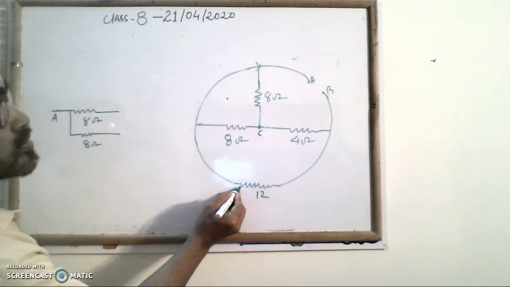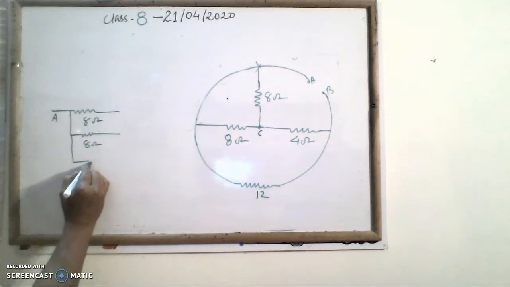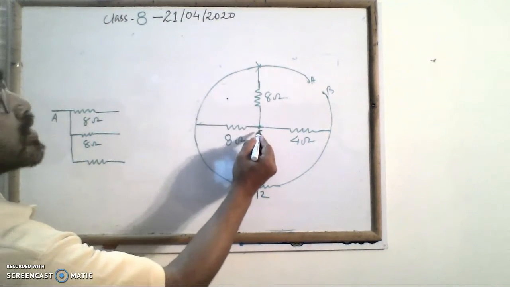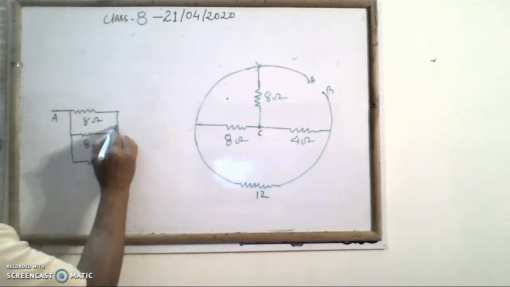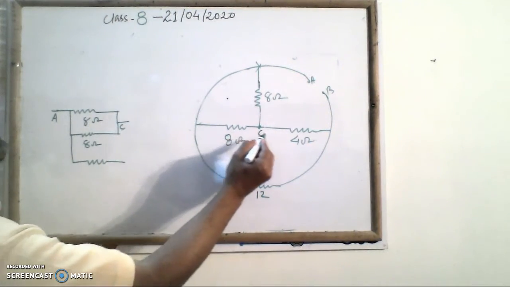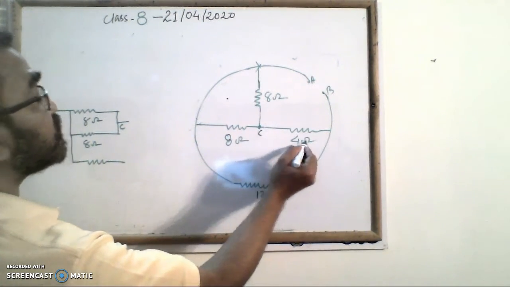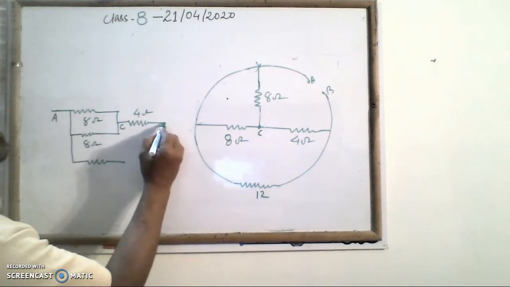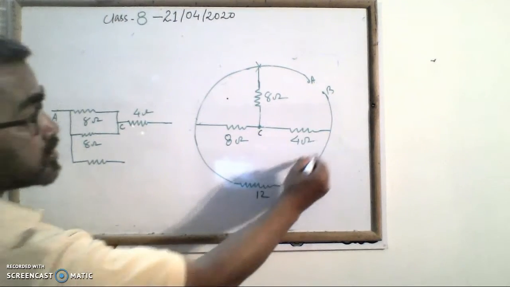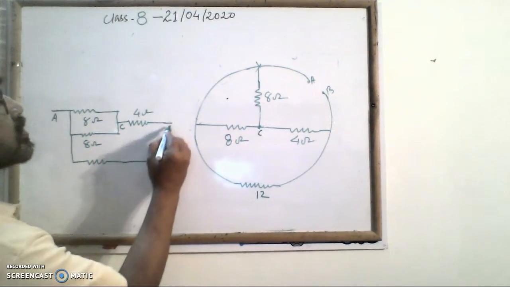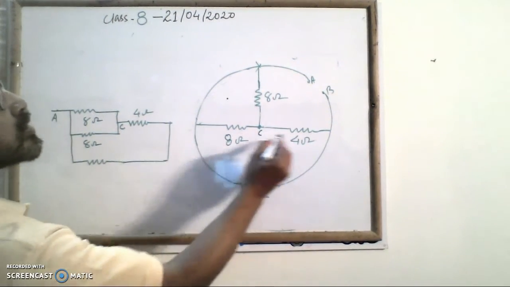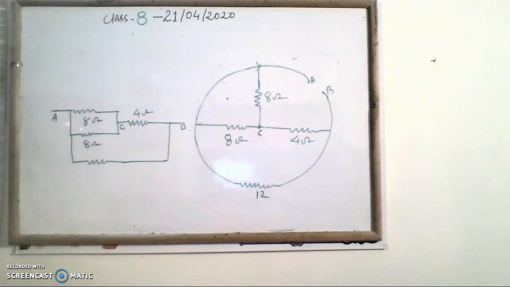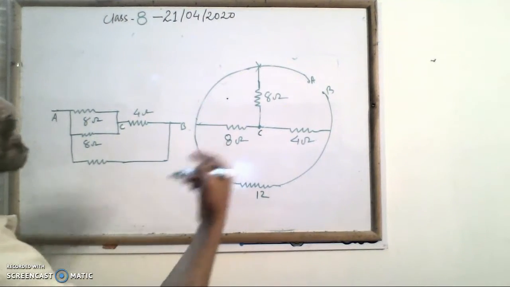Another endpoint 12 ohm. Now these two 8 ohms are connected again at point C. C is the point. And this is connected with another resistor, 4 ohm. And this 12 ohm goes there and connects with 4 ohm. This is the correct circuit. And 4 ohm is again connected with the point B. So this is the modified circuit of this circle.